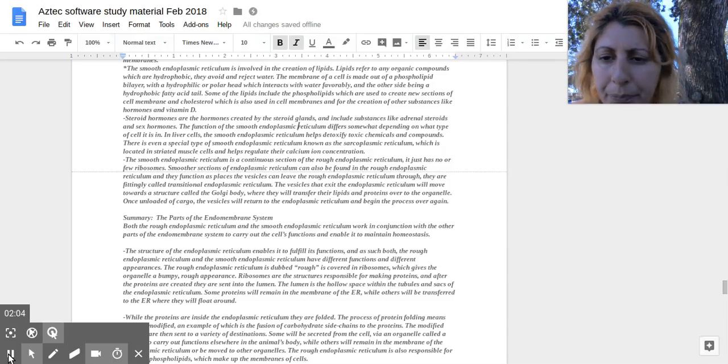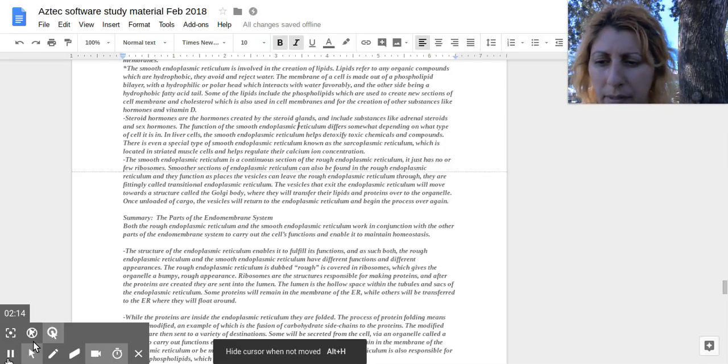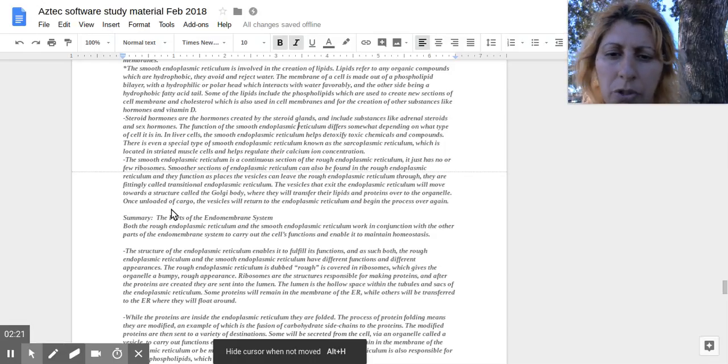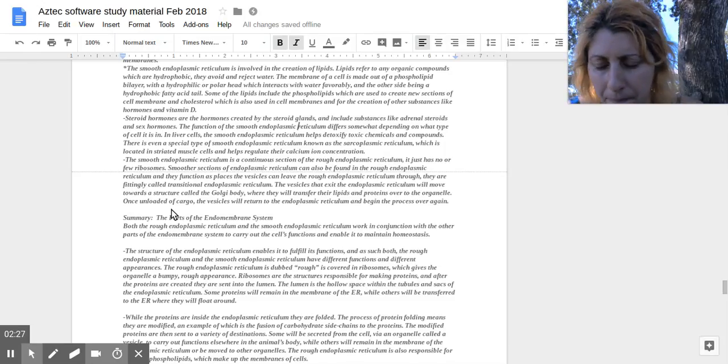The smooth ER has vesicles as well, which move away and carry molecules that are created, such as steroids and lipids, etc. In these vesicles too, the Golgi complex.